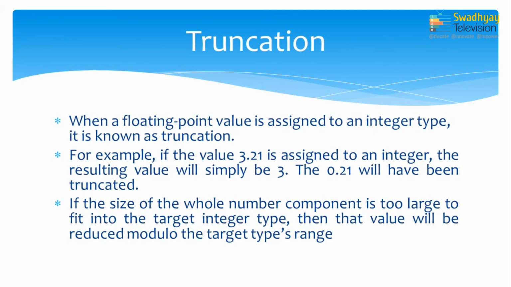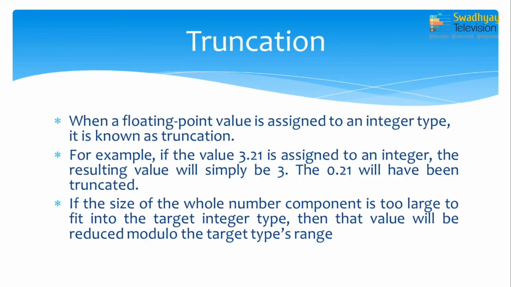The last type of conversion is truncation. Truncation means when you assign a floating value to an integer type. Now, we take one example. For example, if the value is 3.1 which is a float and we want to assign it to an integer, the resulting value will simply be 3 because an integer cannot accept a fraction and the 0.1 will have been truncated. If the size of the whole number component is too large to fit into the target integer type, then the value will be reduced modulo the target type's range.